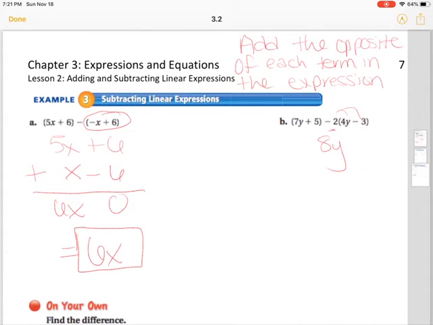And then 2 times 3, we have minus 6, or plus negative 6. So now I can go ahead and add. So I can list them out horizontally, 7y plus 5 plus the opposite of what we have here. So we have plus negative 8y plus 6.